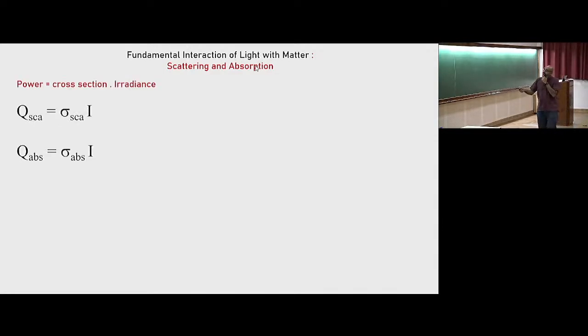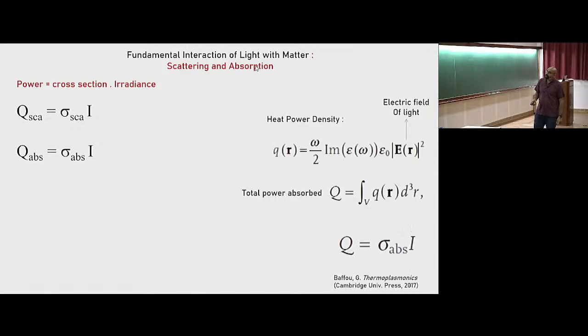You can look at both the cross sections, the scattering cross section and the absorption cross section. Specifically, if you look at the absorption cross section, you can compute something called the heat power density. This is essentially related to the intensity and the imaginary part of the dielectric constant of the matter you are interacting with.